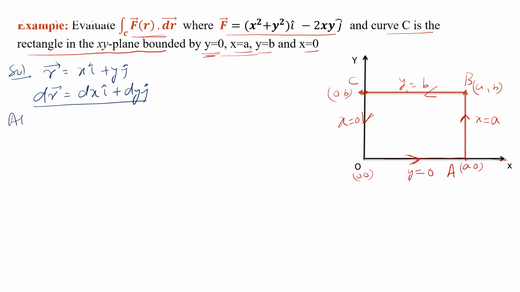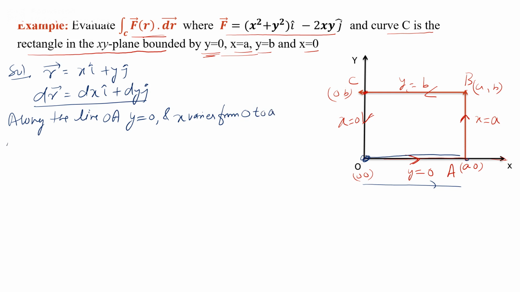Along the line, first we take the line OA. On that line y is equal to 0, and x varies from 0 to a.